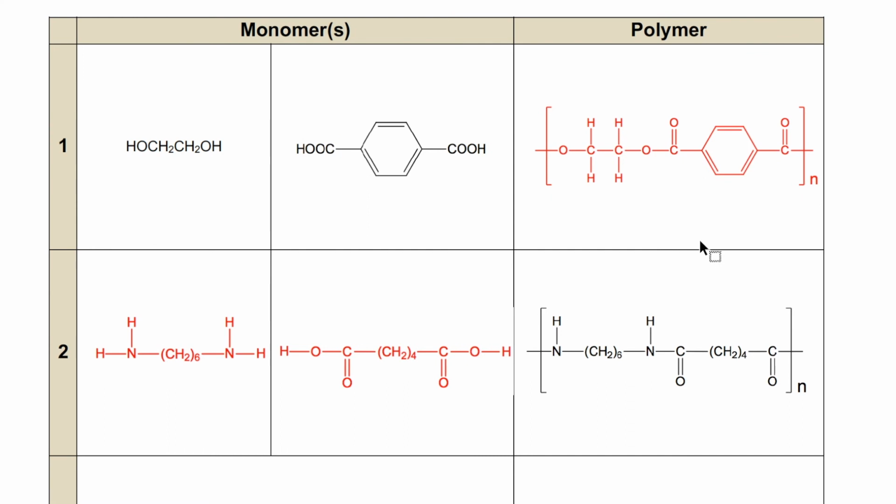Okay, let's check our answers. In the first one, we expand out all the bonds so it's easier for us to see. We have a diol and a dicarboxylic acid. Remove water, add the lines and brackets. Fairly straightforward. So what we have here is a polyester.